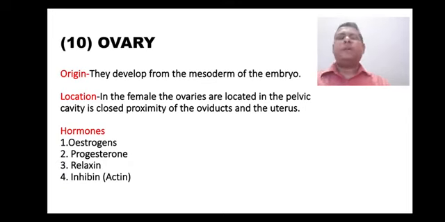Another hormone is relaxin. It is secreted by the corpus luteum only during the later stage of pregnancy and helps to soften ligaments. Inhibin is secreted by the corpus luteum. Inhibin inhibits the activity of follicle stimulating hormone, FSH, and gonadotropin releasing hormone, GnRH.